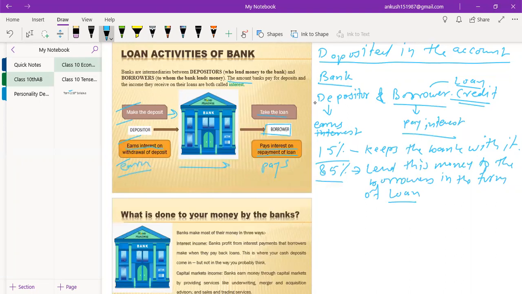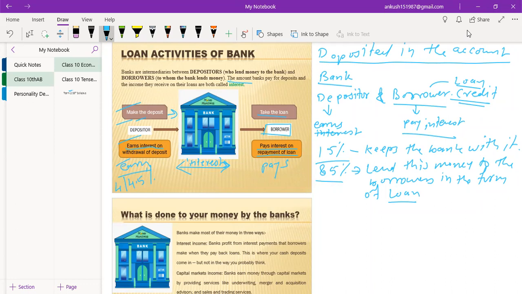So what is the difference here? The difference is of interest. Got it? Whatever money is deposited into the bank by the depositor, let's say the bank would pay him 4 or 4.5% interest on the deposited money.